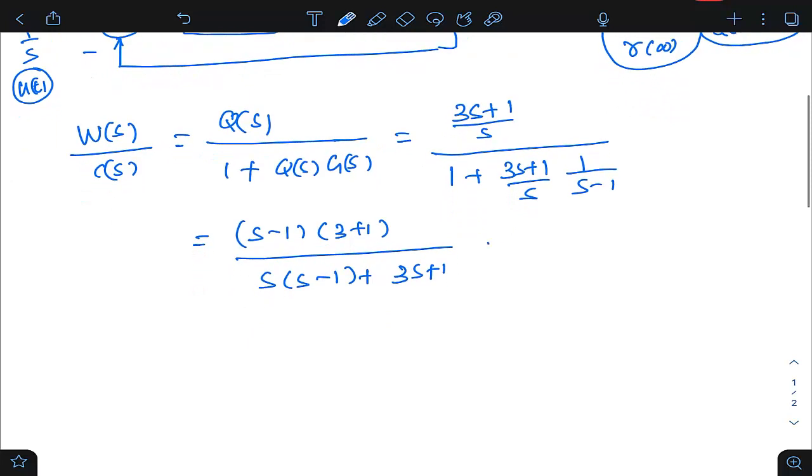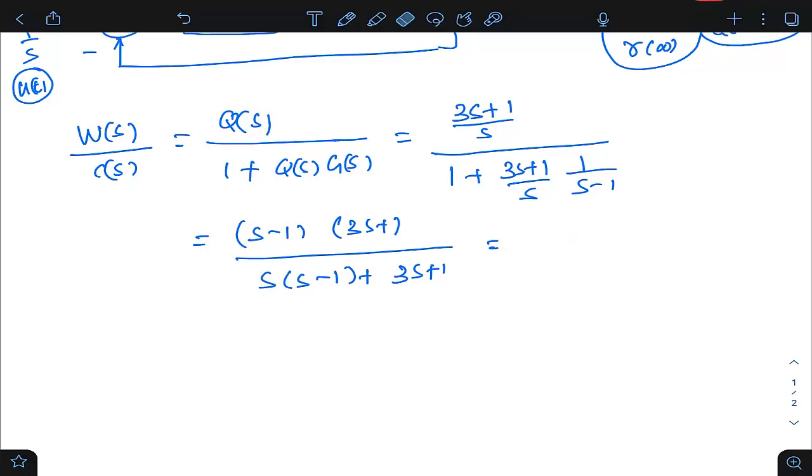So if you simplify this, this is basically 3S plus 1, right?